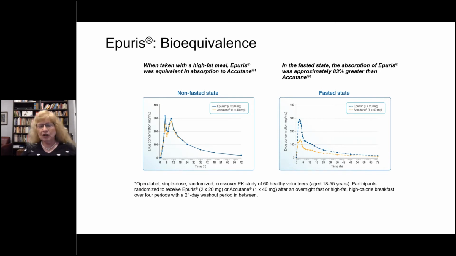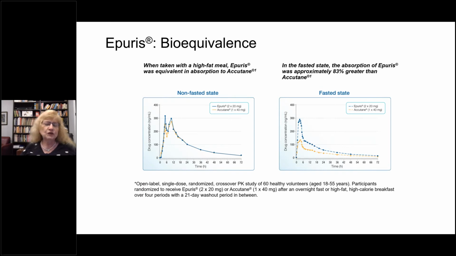If you look at the graph on the right-hand side, this is the Accutane brand, this is the Epuris brand. You're getting roughly a doubling of the peak with Epuris, and the whole area under the curve is about 85% greater.